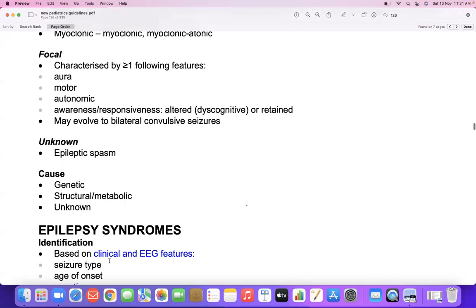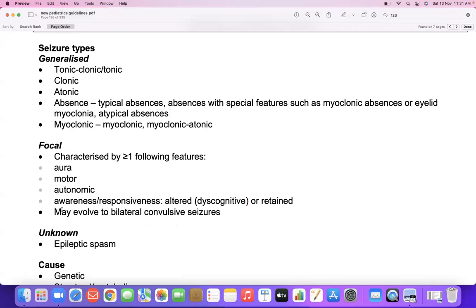So I will show you the video, and after the video, you will describe the video first. Then you will tell as you do in the video station what history you want to take, what examination, your differential, investigation and management. Later we will read about investigation and management also.